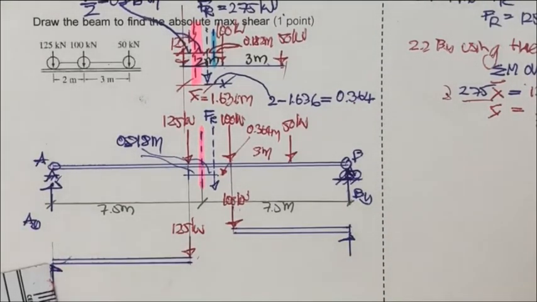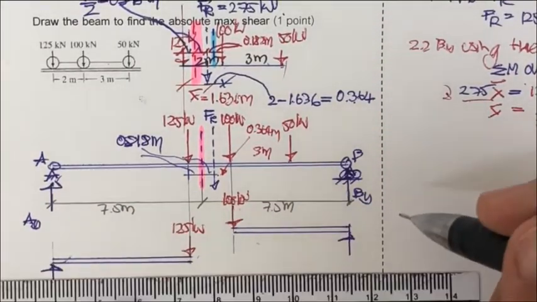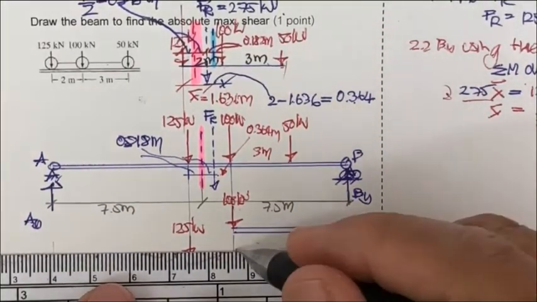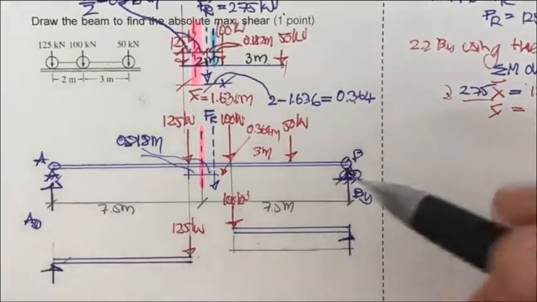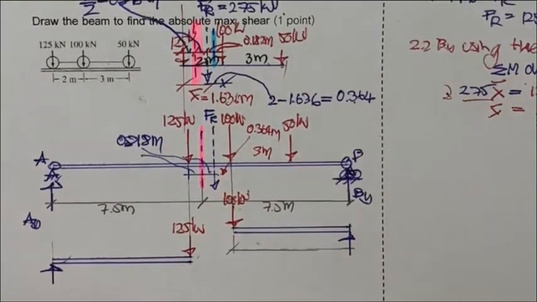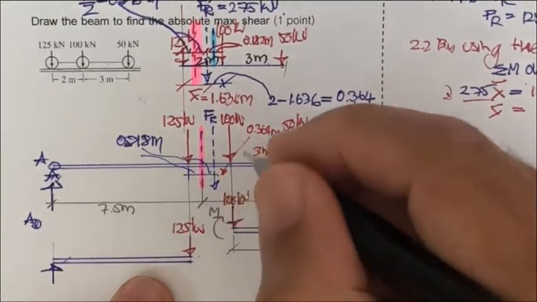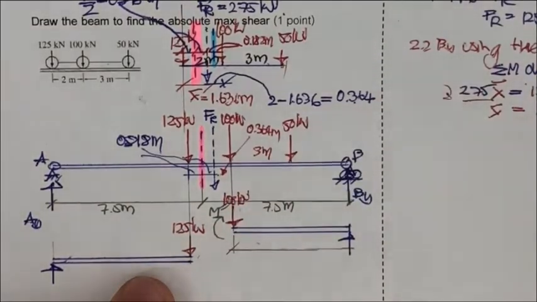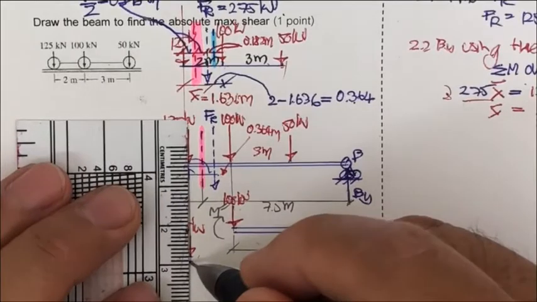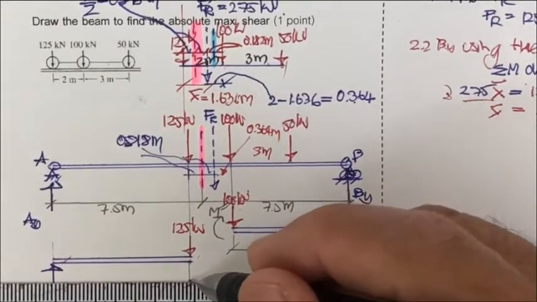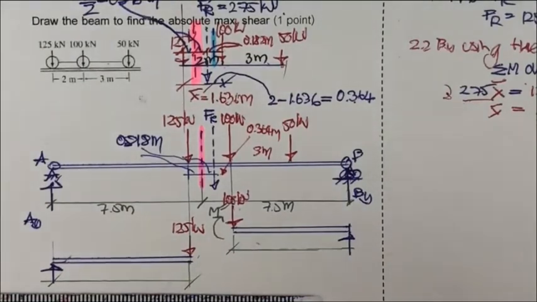And how long is this one? If you consider this, we're going to determine the bending moment over here. This one is M prime, and also for this one we will determine the moment to compare with that.